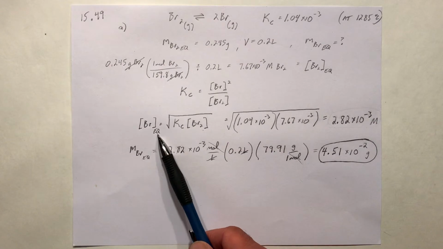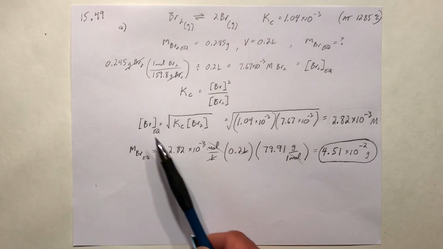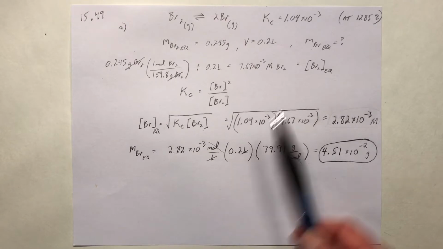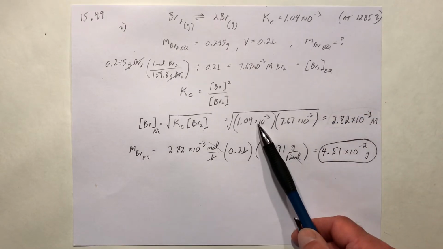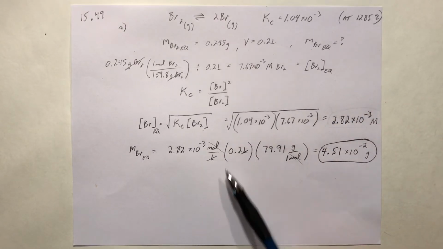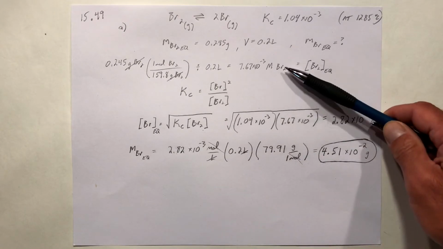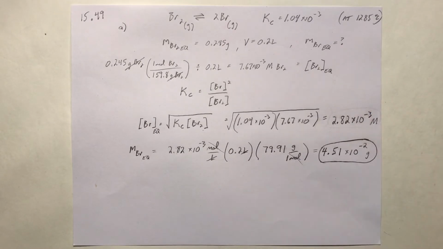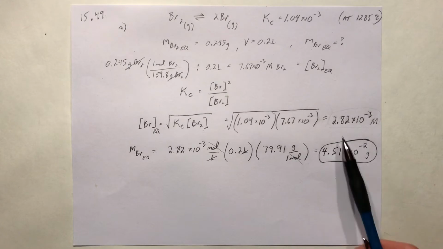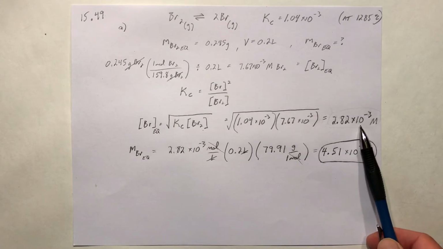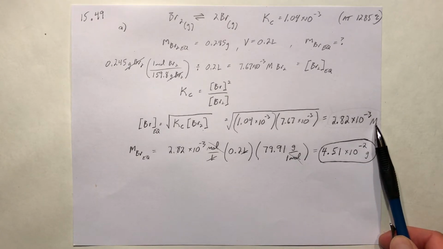I'm just labeling that EQ here for Br concentration. Plug in the numbers that we know. This is our Kc value, right? And this is our calculated concentration of Br2. Solve, and we get 2.82 times 10 to the negative third molar concentration for Br at equilibrium.